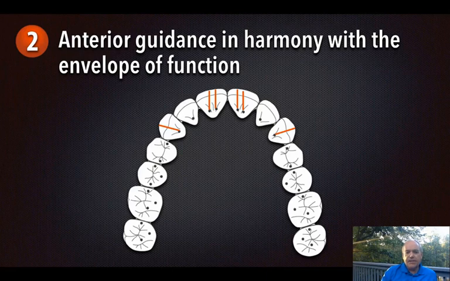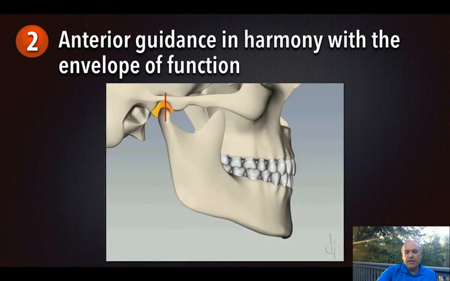So this concept of having the line up front means that as we go from our home base all the way out to our protrusive stroke, there's going to be front teeth carrying that load in protrusion, and many times it'll just be the canine carrying the load in excursions. For many reasons that you'll learn about, we do not want back teeth to rub.